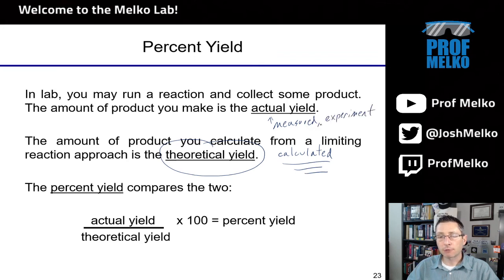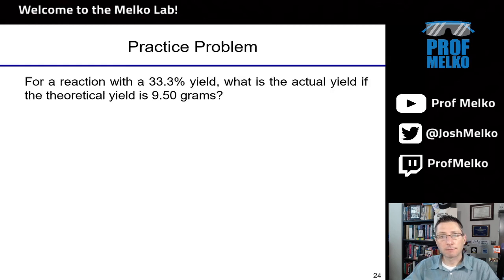That's different than just sitting down with pen and paper and working out what you should be able to make. Actual is what you actually make in the laboratory, what you measure at the end from your experiment. Okay, the percent yield compares these two values. It takes this actual yield that you get in the laboratory and divides by theoretical yield and times 100 since it's a percent yield. So let's look at what a question might look like for percent yield.